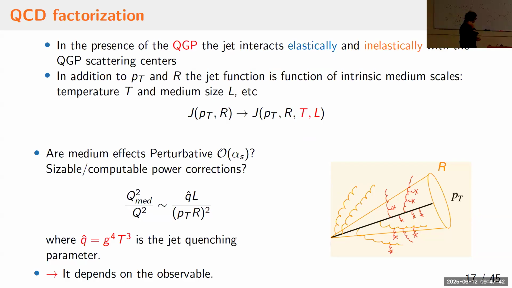So one of the questions is, are the medium effects perturbative? Can I just start using perturbation theory and compute corrections perturbatively? Or are they completely non-perturbative objects, in which case I would need some kind of non-perturbative operator that I hope to be universal, that maybe I can compute on the lattice.